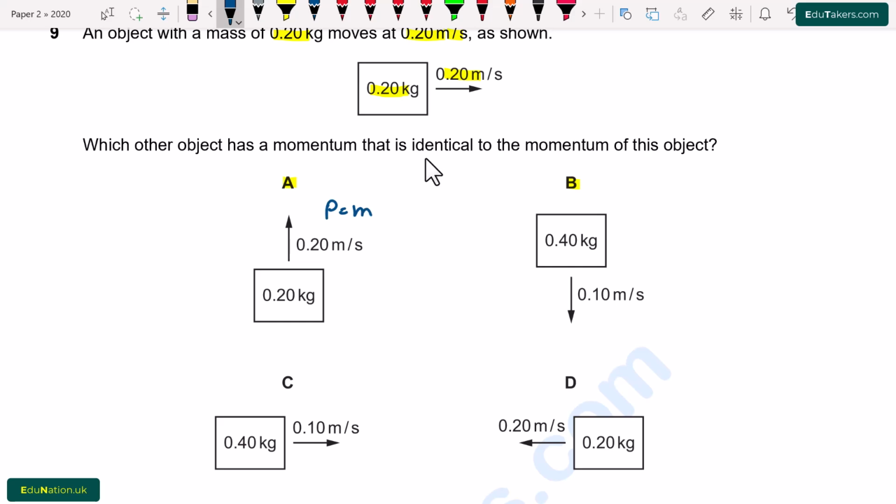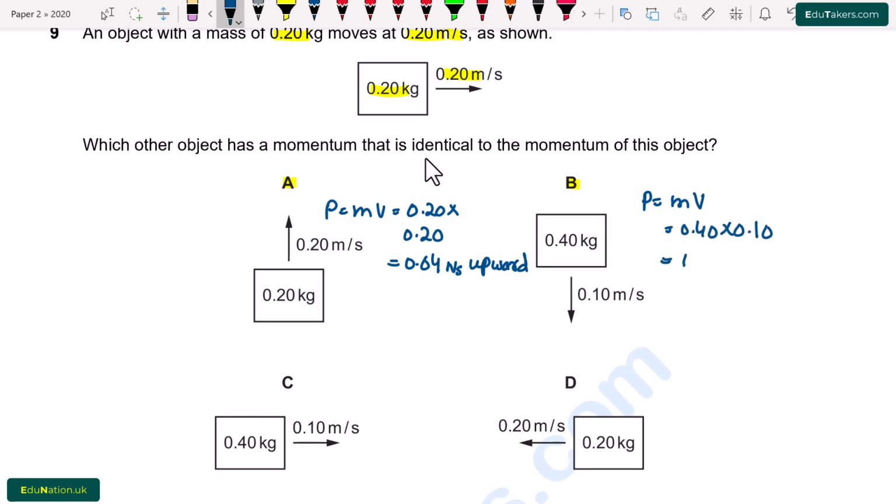P is equal to mv. So mass is 0.20 multiplied by 0.20. It will be equal to 0.04 Newton second upwards. It is Newton second, not Newton. So for object B, momentum is 0.40 multiplied by 0.10.